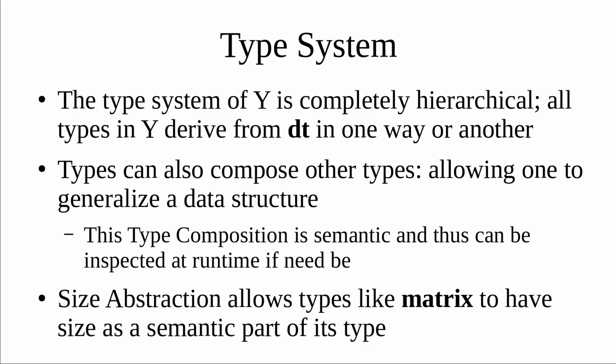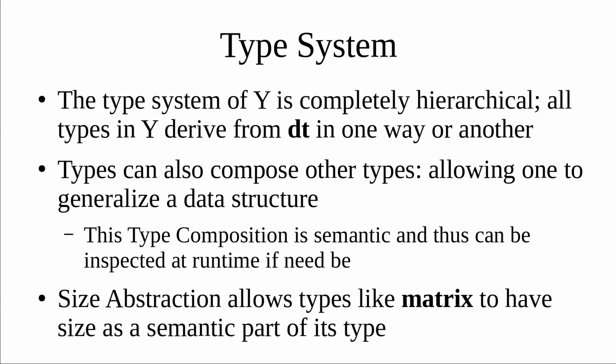And specifically, I should say, this type composition that I'm talking about is different from what you might think of as composition when it comes to types. In, of course, UML diagrams, you would have a has-a relationship. This is not a has-a relationship. This is a different compose relationship. I'll see a little bit more about this later.